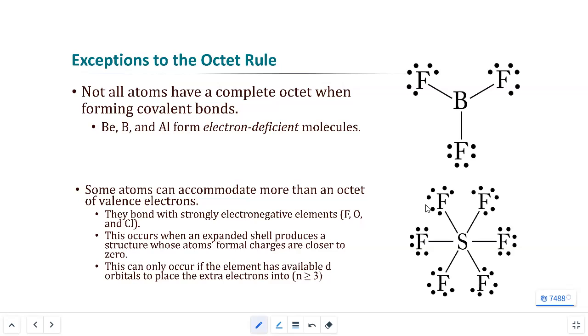Now, when we talk about formal charge, the reason for that electron deficiency will make a lot more sense. So we'll kind of put that one in our back pocket until Wednesday. But just understand that it does exist. Now, as far as this is concerned, there are no electron deficient molecules on this page. But there is at least one example of one that breaks the octet rule by going too far.